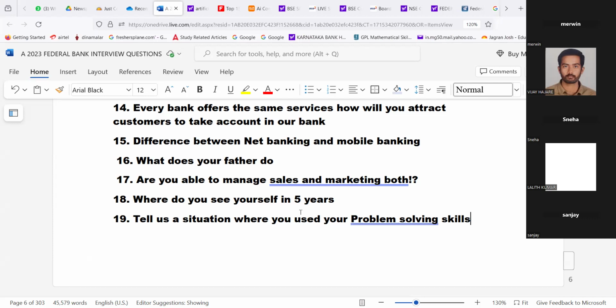First, you must identify the root cause. Only when you identify the root cause, you can try to find different solutions for that particular root cause. For example, a headache may be due to various reasons. So you have to identify the root cause. So that is actually problem solving.